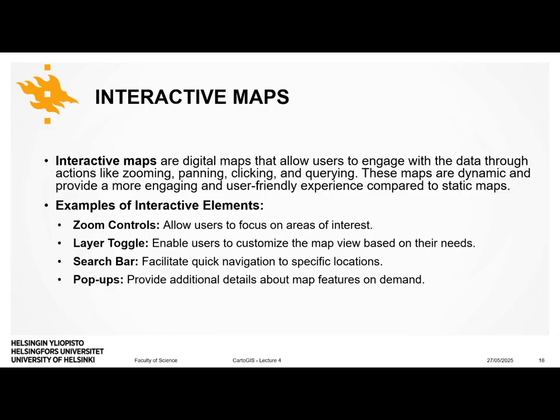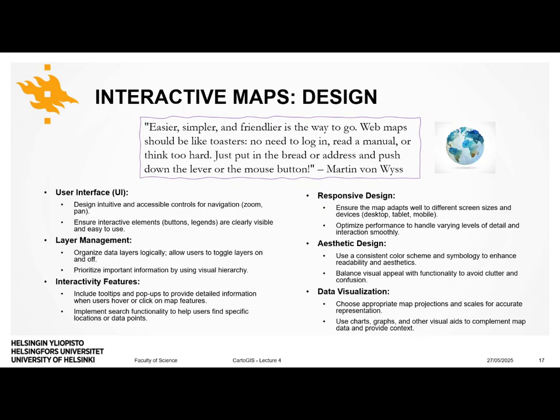In an interactive map, you sometimes have a layer toggle to enable users to turn certain layers off and on. You might have a search bar in your map. That's often the case with online map platforms. You might have pop-ups, you might have tooltips, but there are a number of elements that are unique to interactive maps.